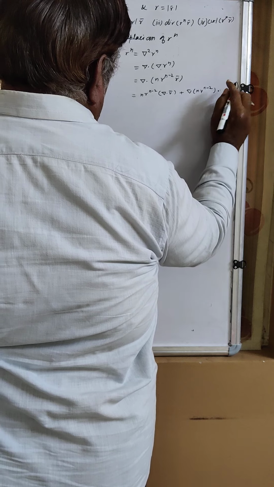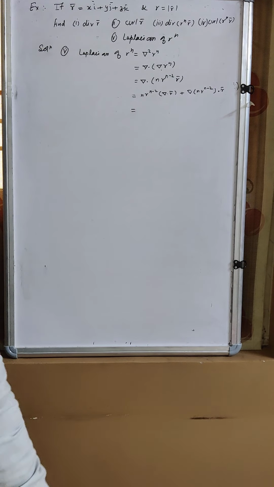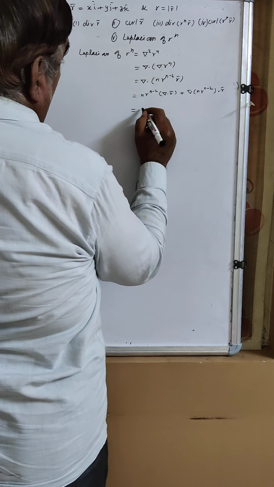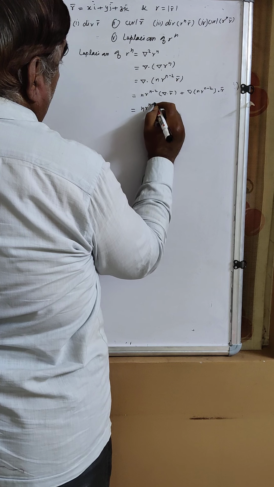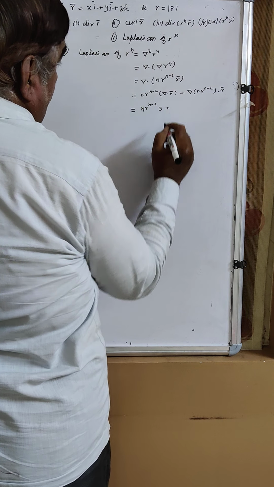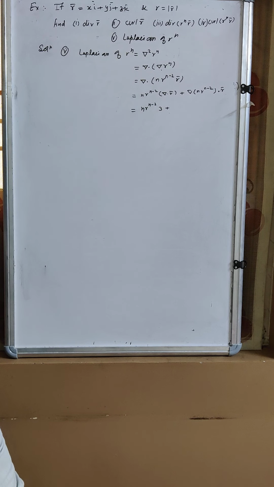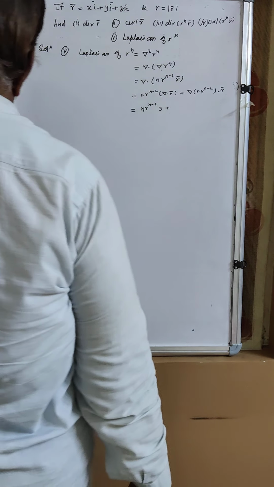We write this in reverse order. This is equal to n r raised to n minus 2 del dot r vector, we know by previous result 3, plus del n r raised to n minus 2 is equal to n minus 2.